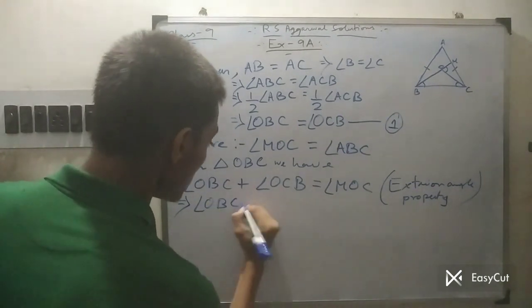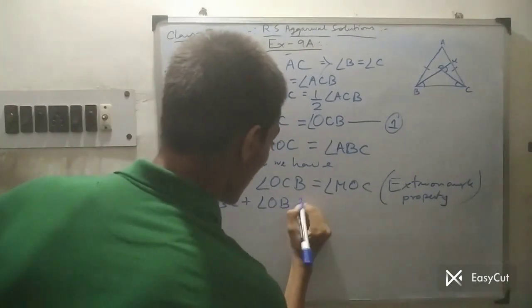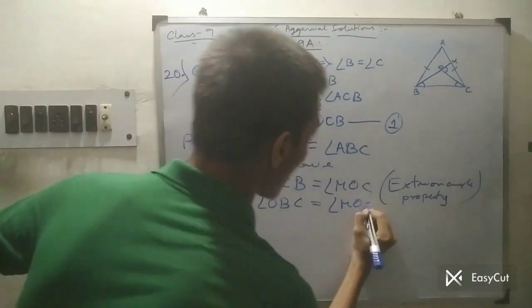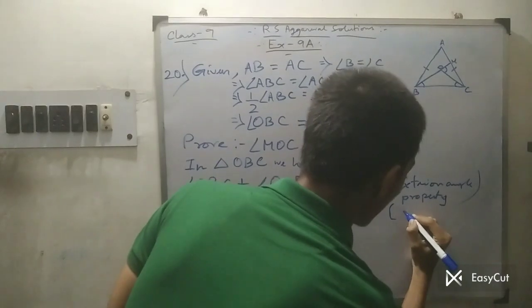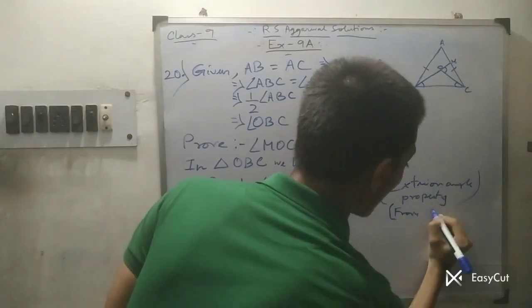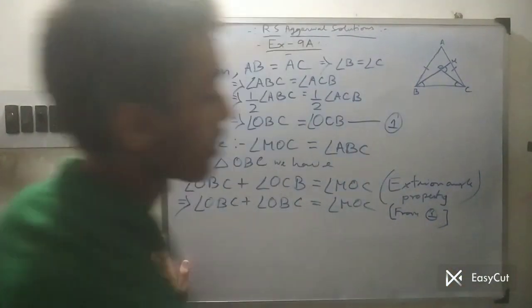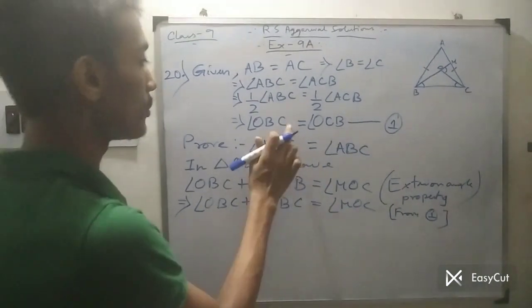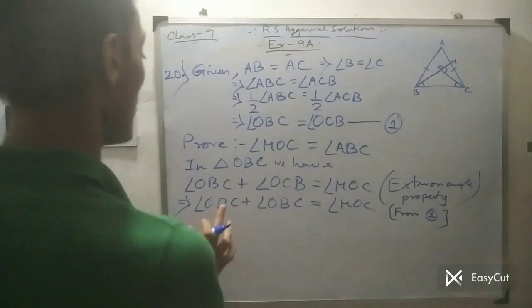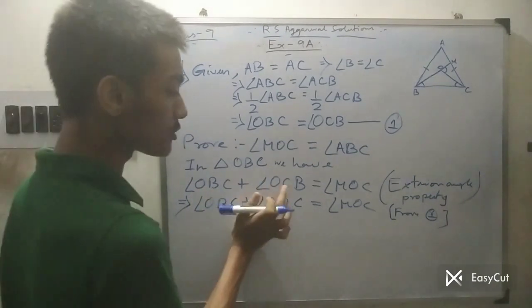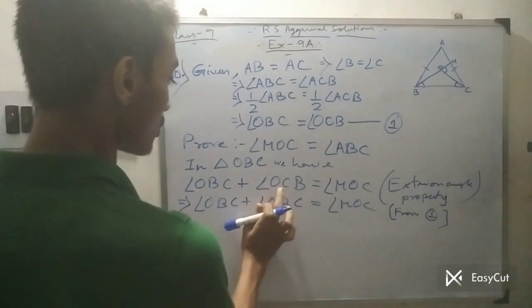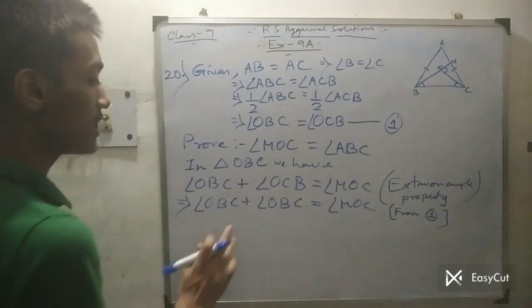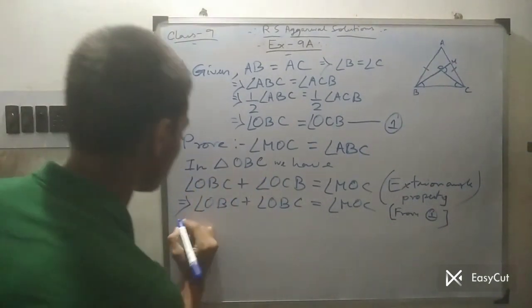Now OBC plus OCB is equal to MOC. Why? From 1 we get that OBC is equal to OCB, and here angle OBC plus OCB is equal to MOC. Therefore, since OCB is equal to OBC, these are the same.